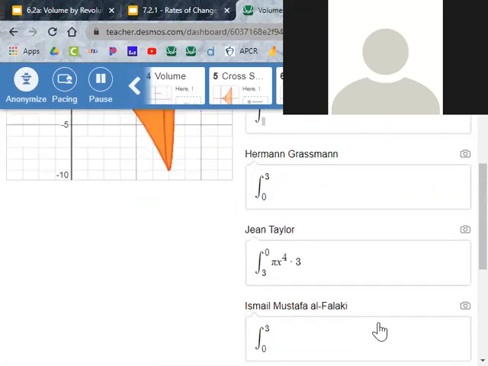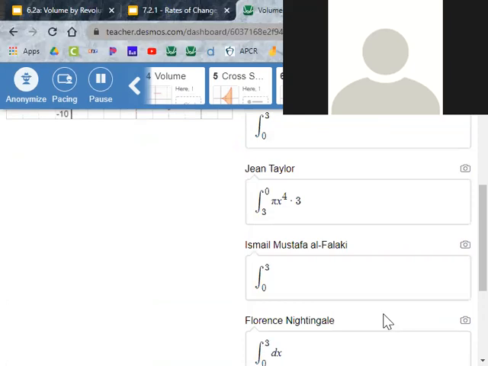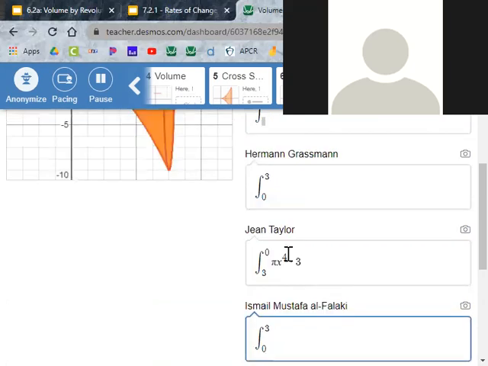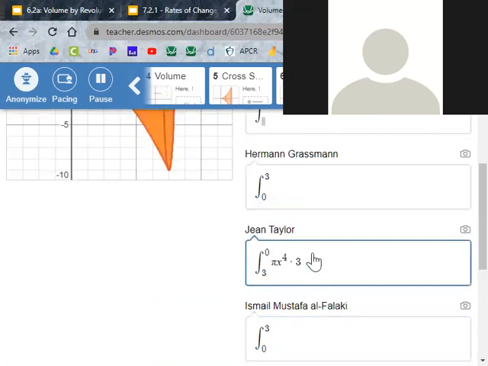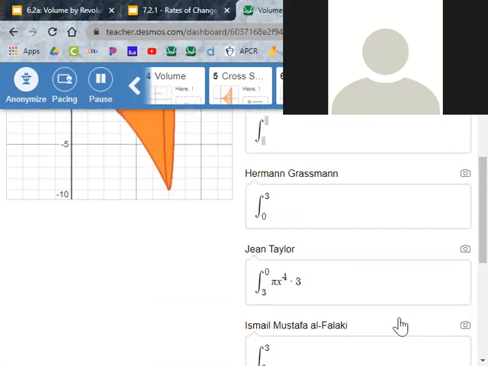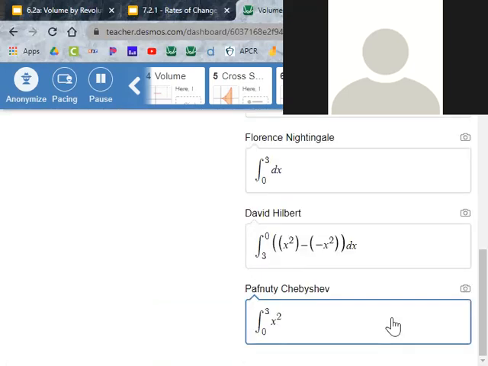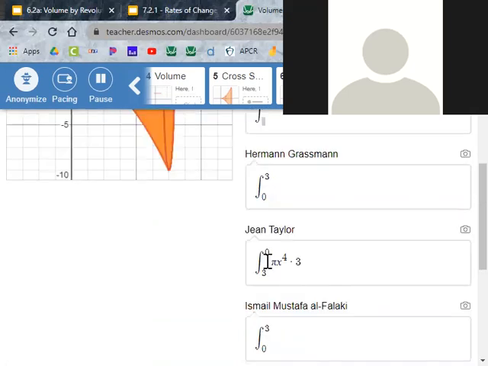And thank you everybody who had something in there. These are all generally the right idea. I'm going to pick on Jean Taylor, and we're going to edit theirs a little bit because I think it's the one closest to what I'm looking for. There's a lot of good stuff there. To fix Jean Taylor's, let's flip the 0 and 3 and then put a dx right there. So you can do that as well.